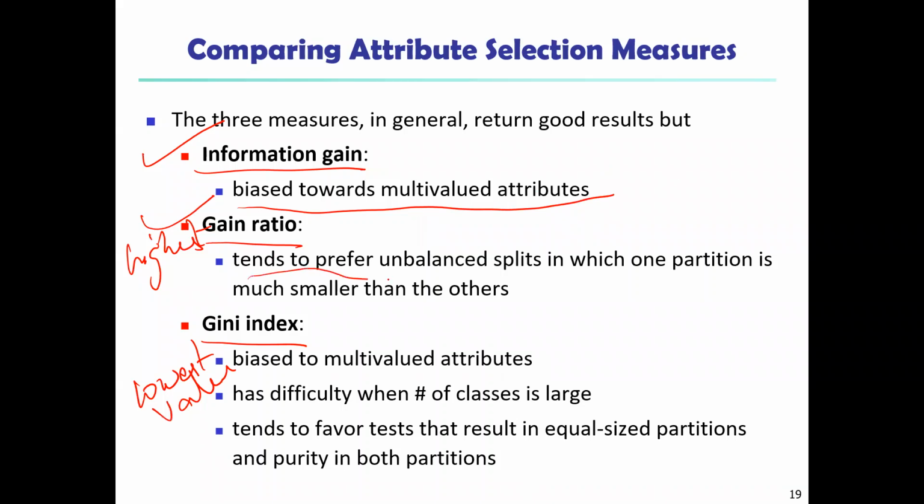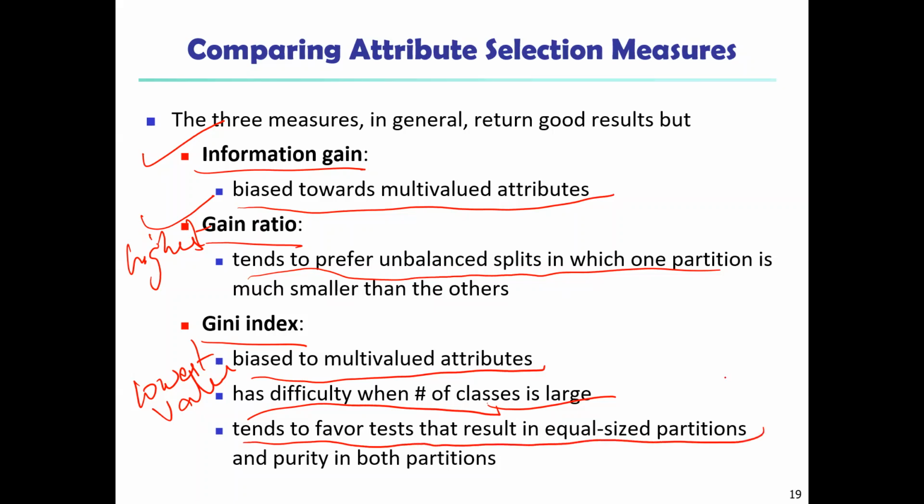Gain ratio tends to prefer unbalanced splits in which one partition is much smaller than the others. Gini index is biased towards multi-valued attributes, has difficulty when the number of classes is large, and tends to favor tests that result in equal size partitions and purity in both partitions. So these are the main comparisons we have here.